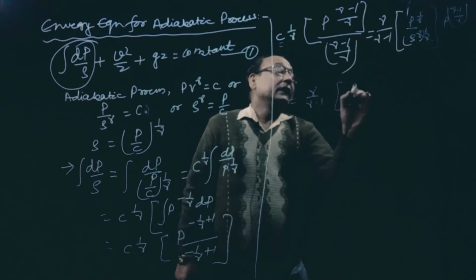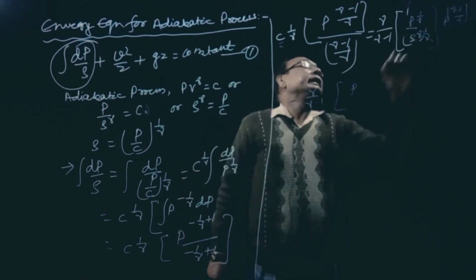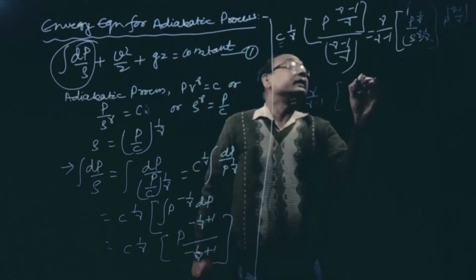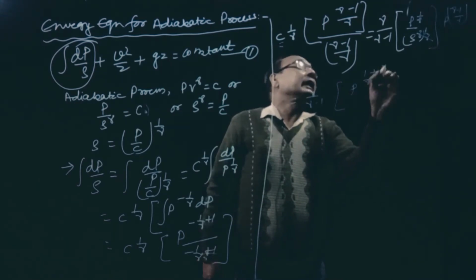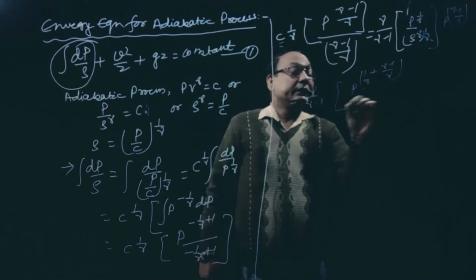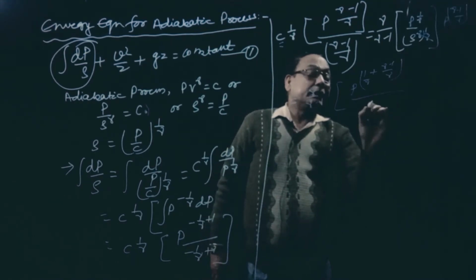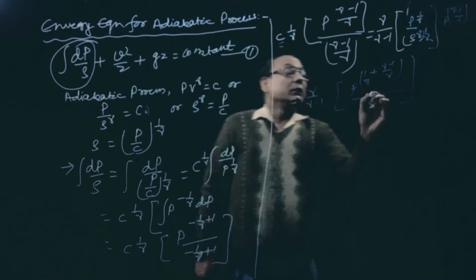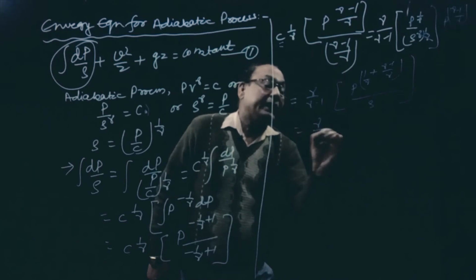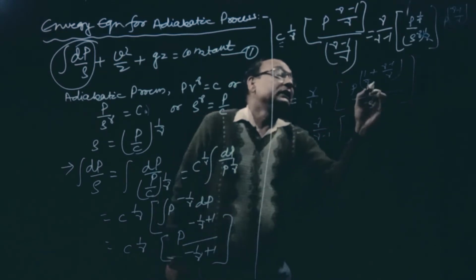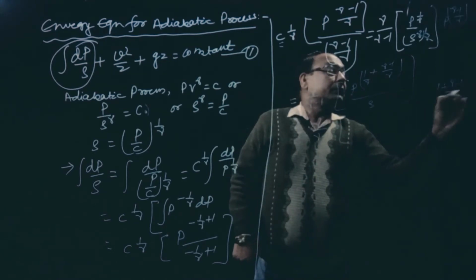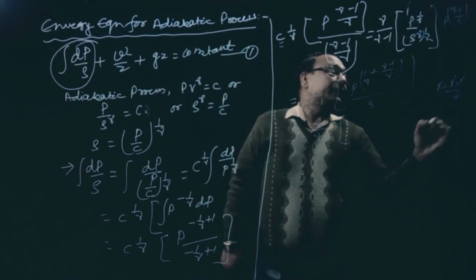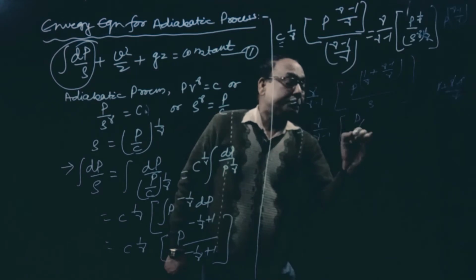The bases are the same, and in multiplication the powers will be added: 1 by gamma plus gamma minus 1 by gamma, divided by rho. So this will have gamma by gamma minus 1 into 1 plus gamma minus 1 by gamma. So 1 will get cancelled, gamma will get cancelled, and it will be just P by rho only.